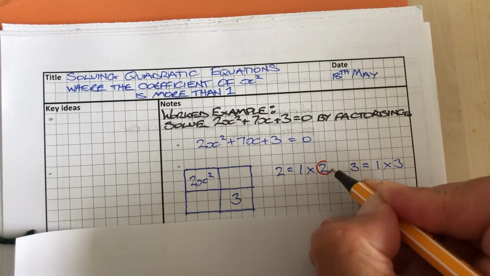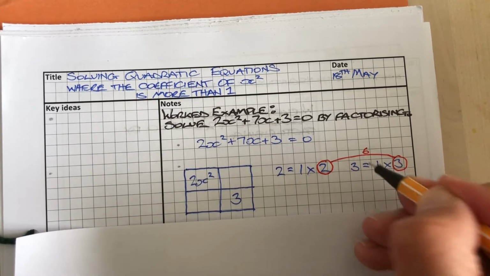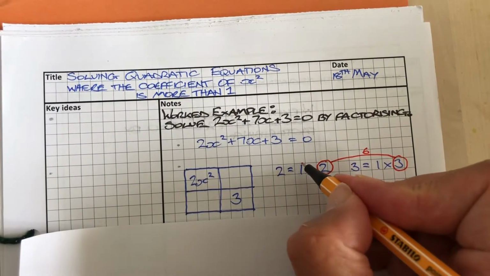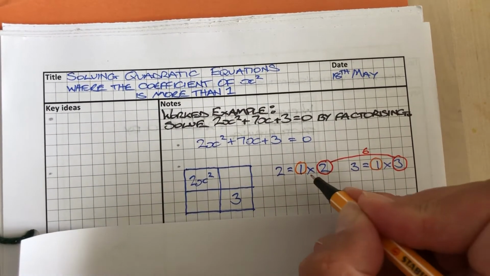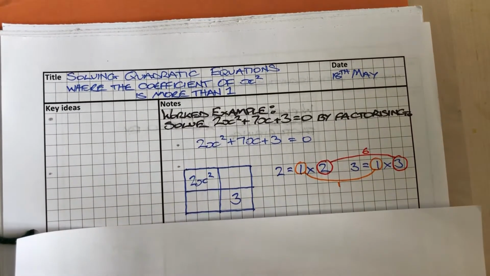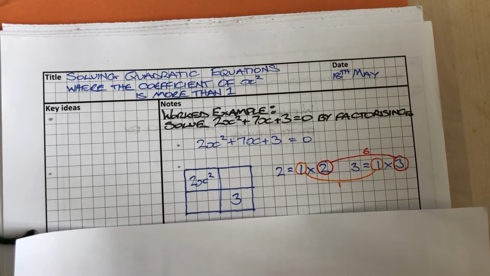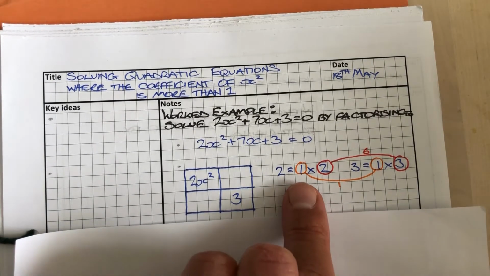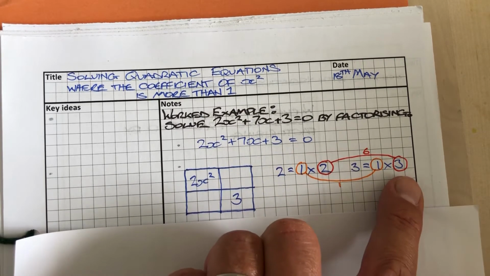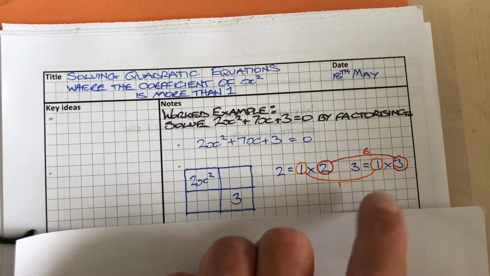Now, if I times that by that to get 6, and I times that by that to get 1, these two numbers will add up to make this 7. So, I need one number from here to go with one number from here, and one number from here to go with the matching number from here. Okay? And I try those out.